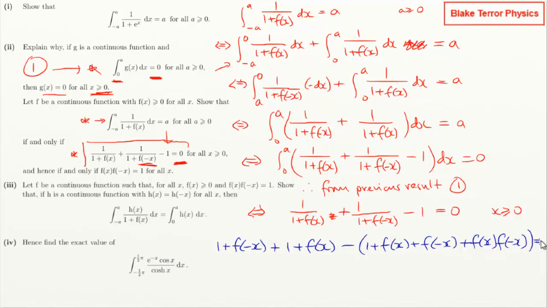Yeah, that's all of that is equal to 0. So what's cancelling? That's cancelling with that, that's cancelling with that, that's cancelling with that. So I've got 1 is equal to f of x, f of minus x.